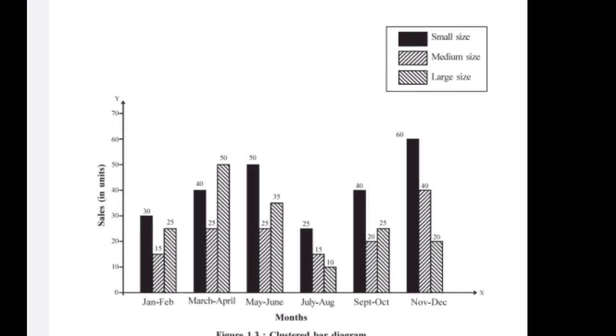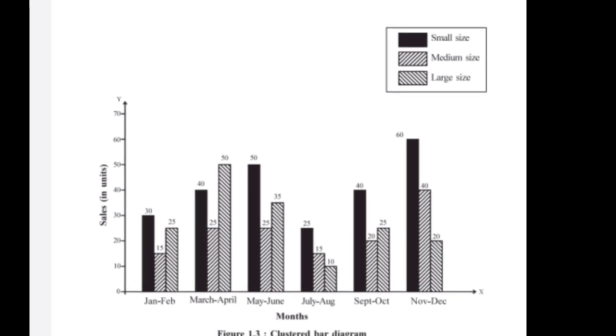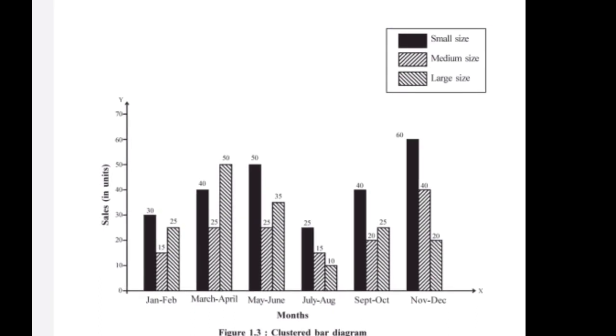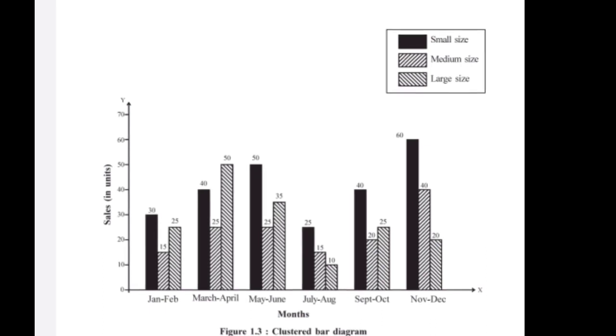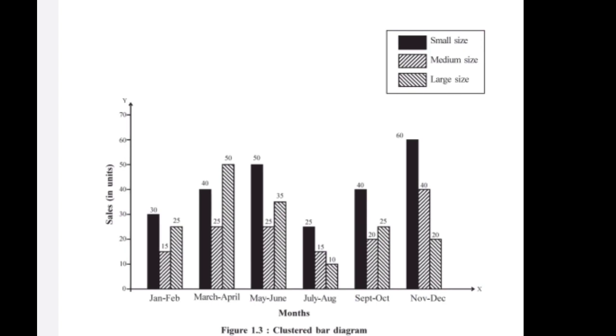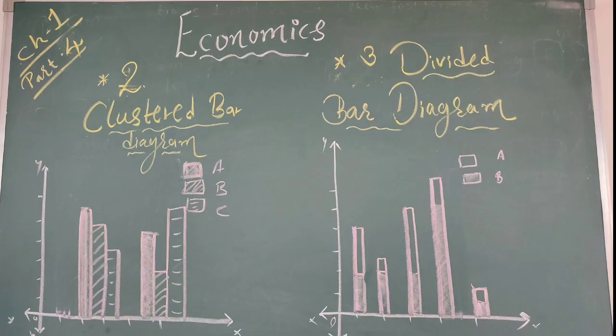Same as, we can continue our whole diagram with this data. Now our clustered bar diagram is ready. It is very simple. Now we can analyze easily how the sales of the chocolate boxes went. So it is a very simple diagram.